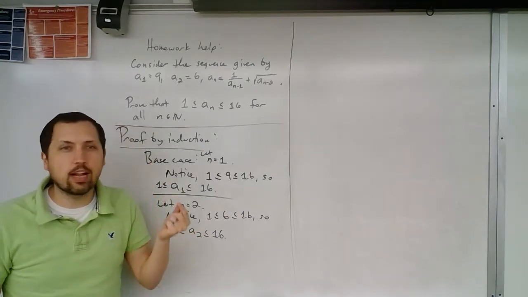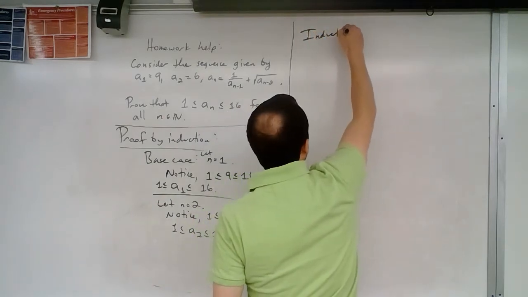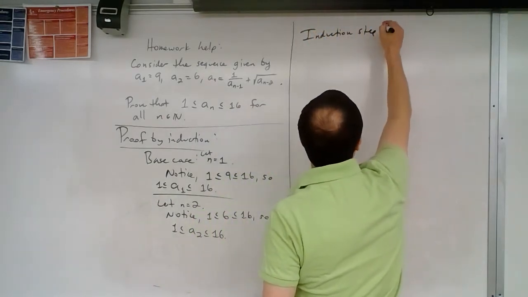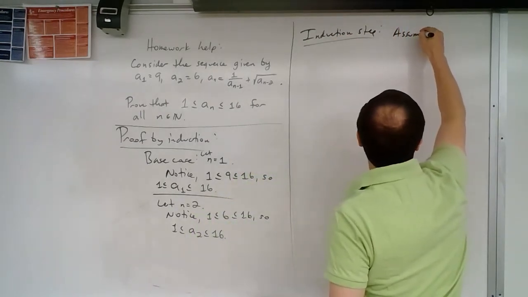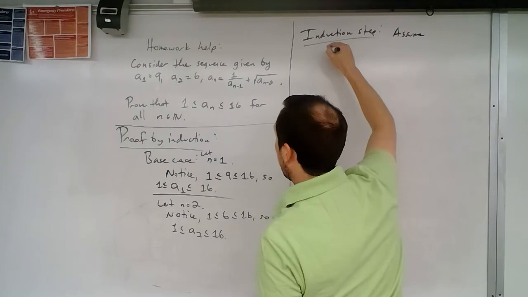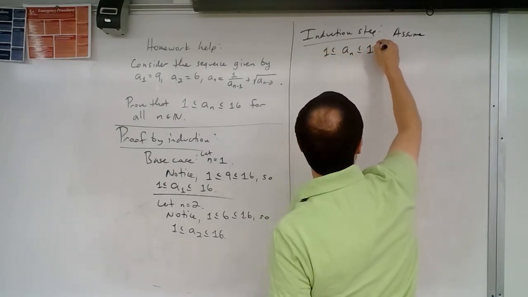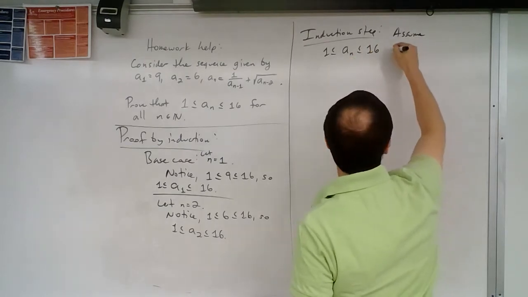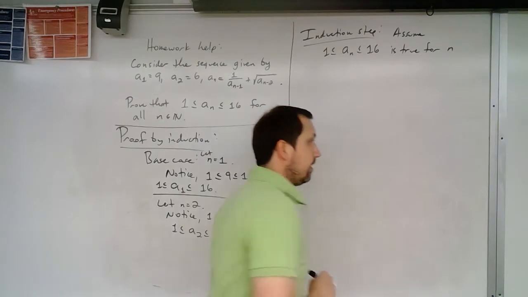Now for the induction hypothesis. So our induction step, we're going to assume that we have 1 less than or equal to a sub n less than or equal to 16. Assume this is true for n.